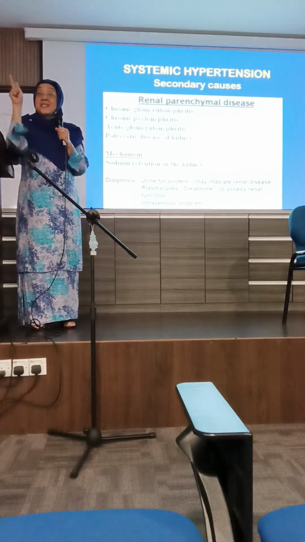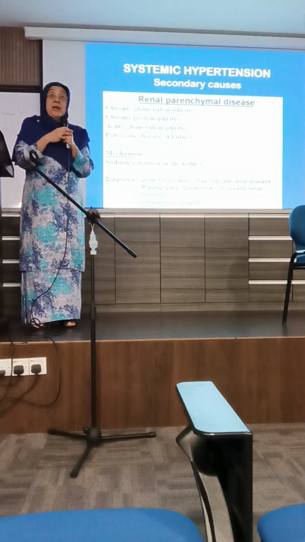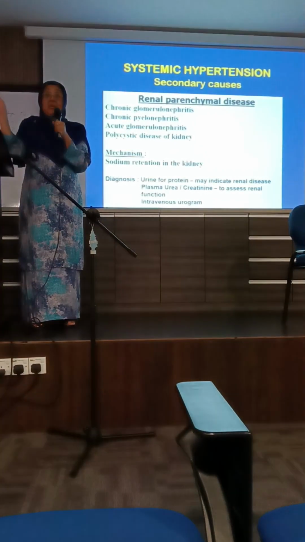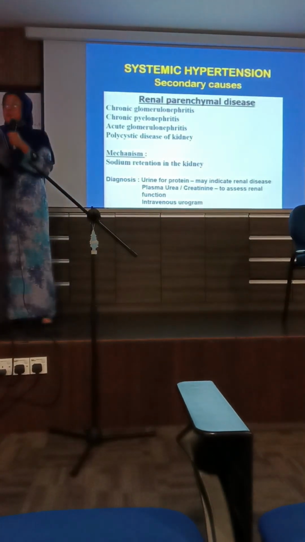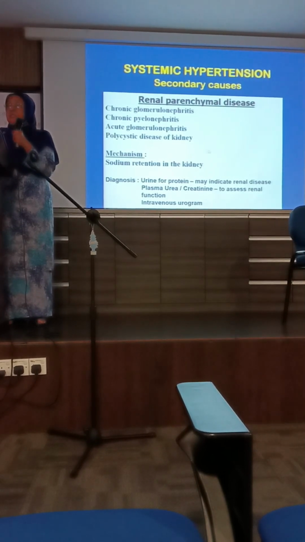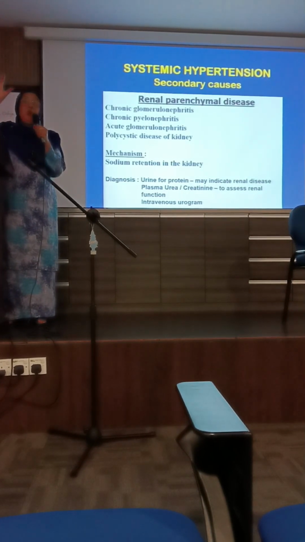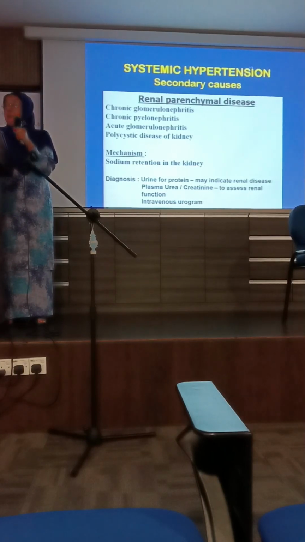But renal disease itself can lead to hypertension. People developing chronic kidney disease from other things can develop hypertension. For example, chronic inflammation of the kidney, chronic glomerulonephritis, pyelonephritis, polycystic disease. You will learn this later. It is sufficient for you to know that chronic kidney disease at this point can lead to hypertension.